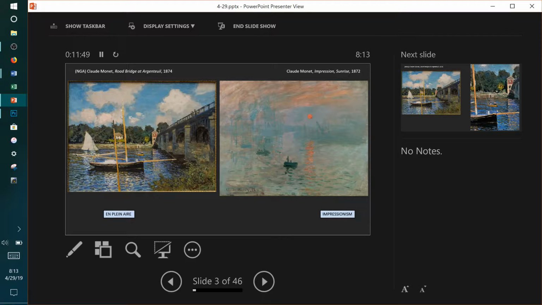Even though they shared the realist interest in modern life, and we can look at the bridge at Argenteuil as being a symbol of modern life, this brand new highway bridge that connects the suburb of Argenteuil to the city of Paris, right? This is where Monet chose to live, outside of the city, right? And he focuses on this monster new construction, modern life. At the same time, that's only part of what he's interested in. He's really interested in the play of light.